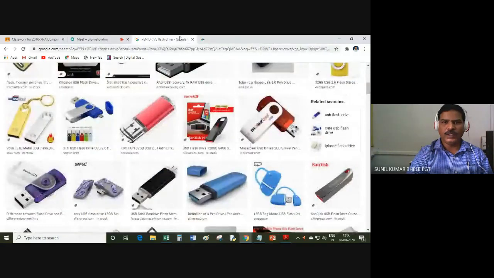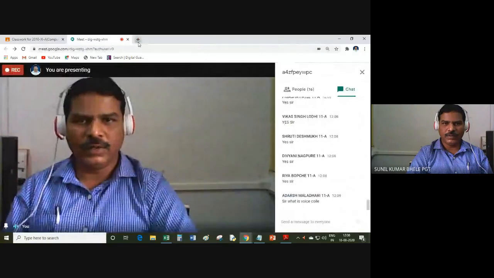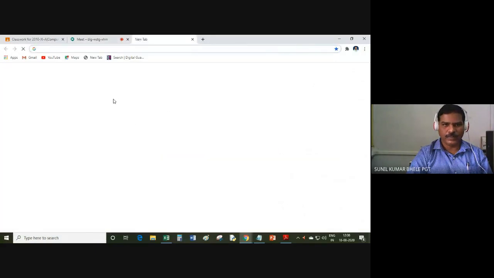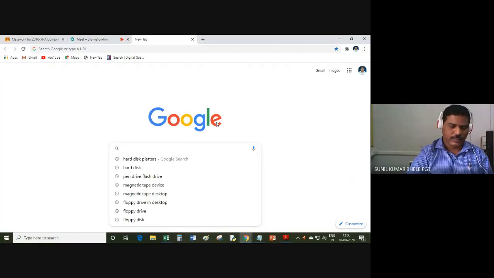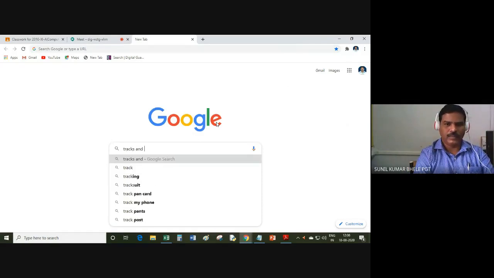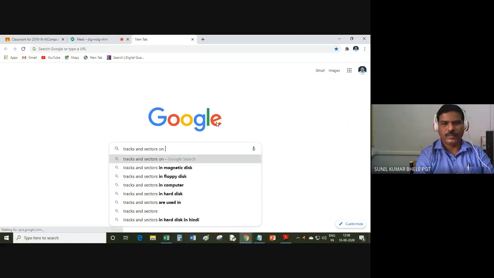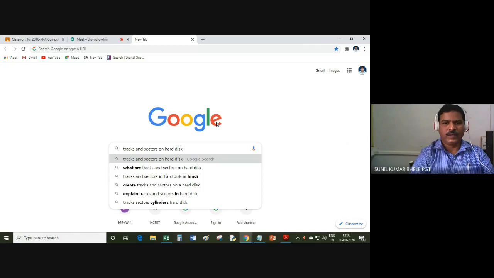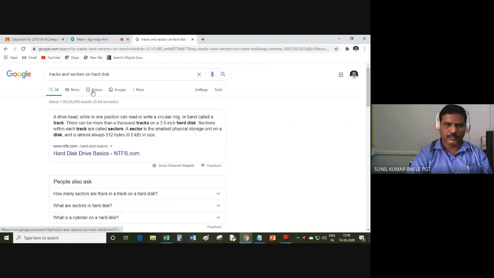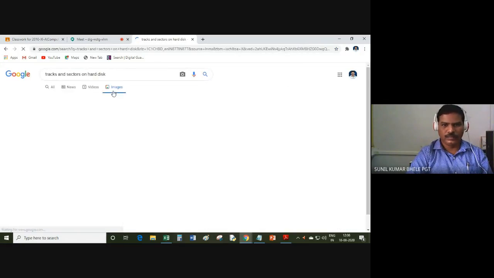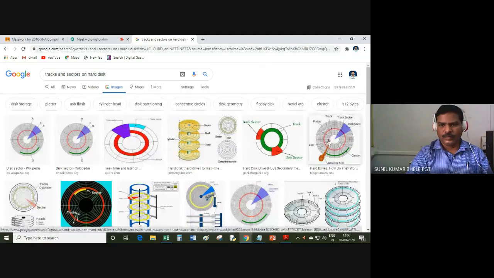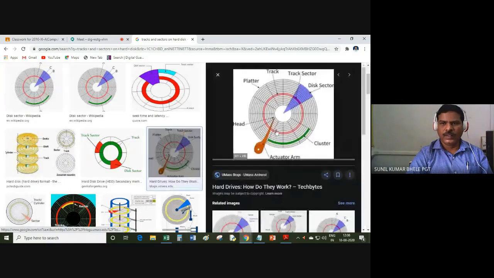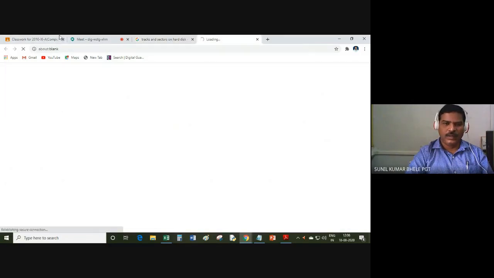So how the hard disk is divided into tracks and sectors, I will show you one image. So you can see in this image, the hard disk is divided into tracks and sectors.